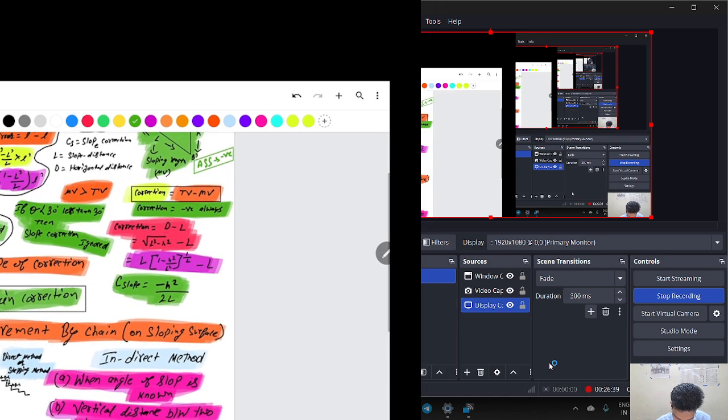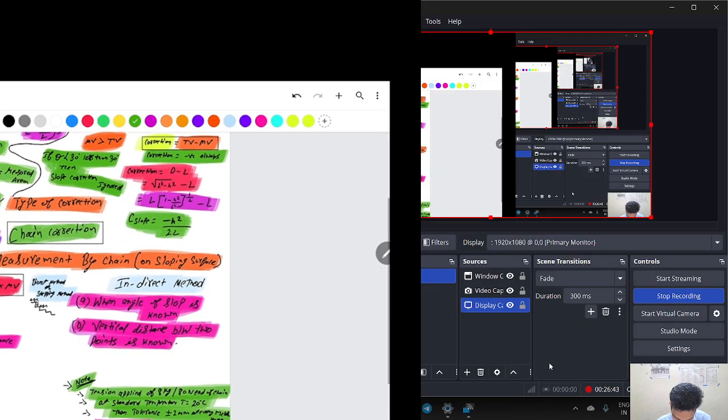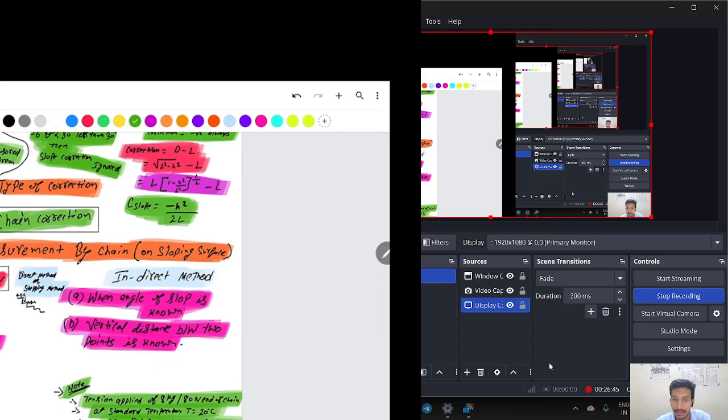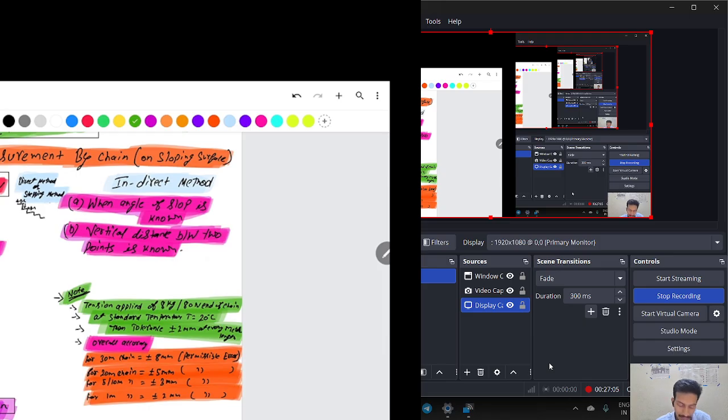Now, measurement by chain on sloping surface. There is a direct method, which is known as stepping method, and there is an indirect method. Indirect method: first, when the angle of slope is known; second, when the vertical distance between two points is known; and third, by hypotenuse allowance.